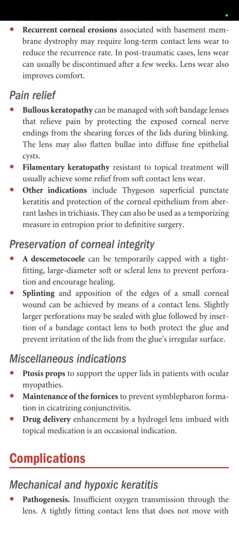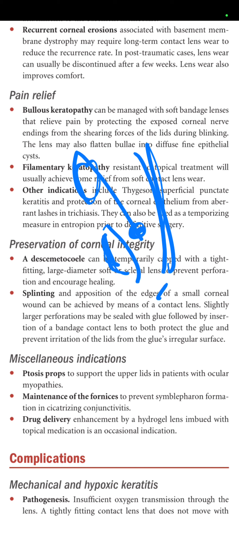A slightly larger perforation can be sealed with glue following insertion of the bandage contact lens to protect the glue and prevent irritation of the lid from the glue's irregular surface. So in case of a very small corneal perforation, we can put the BCL. If there is a slightly larger perforation, we can put the glue and then put the BCL on it.